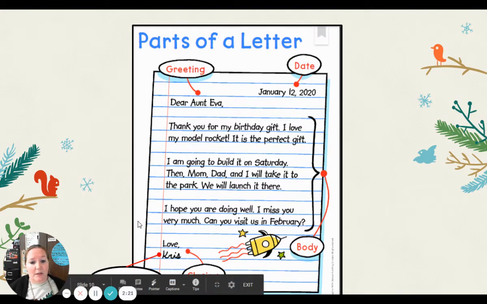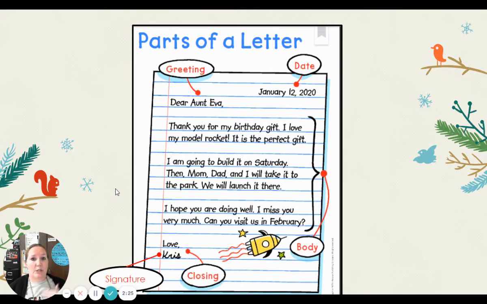Here we have the closing of the letter. Since this is someone that she knows well and cares about, she used the closing love. If it's someone you don't know very well, you might say from or sincerely. So she said love. Oh, there's that punctuation mark again, a comma at the end of her closing.